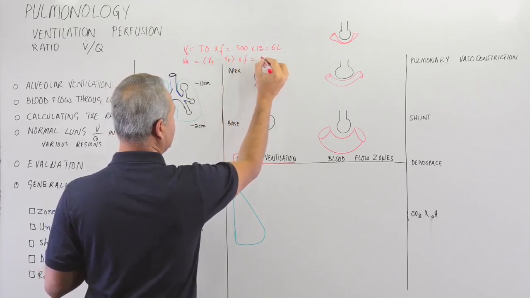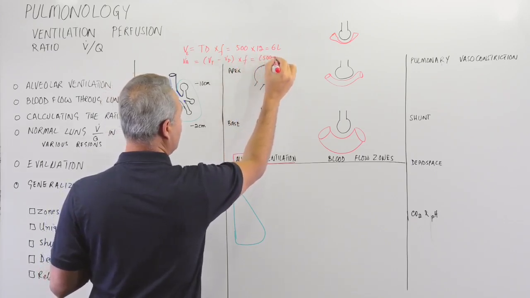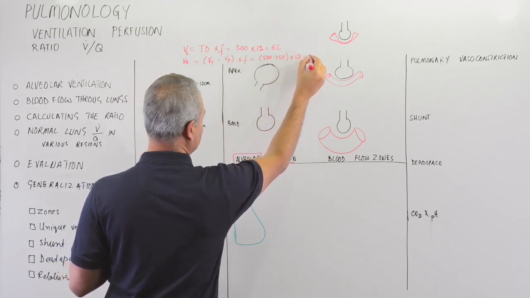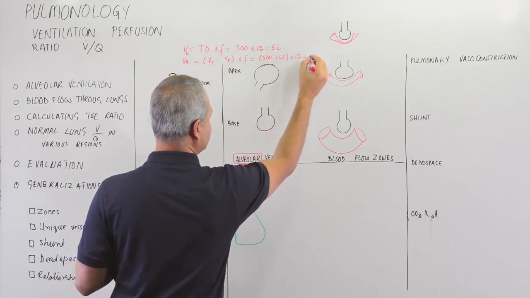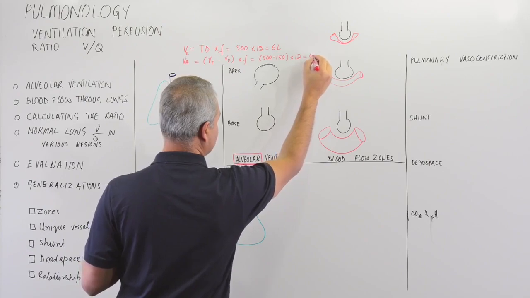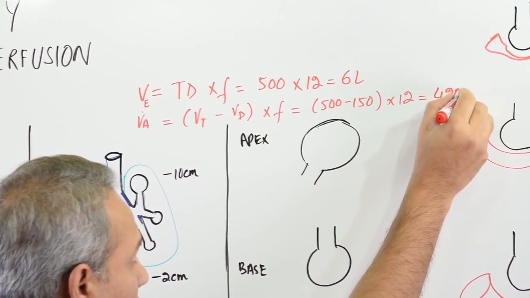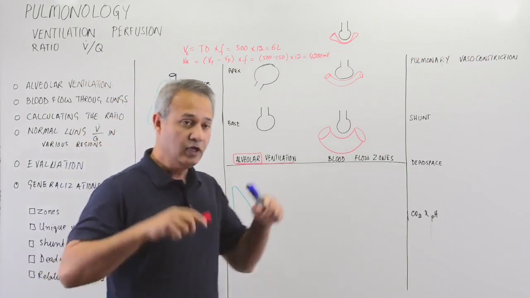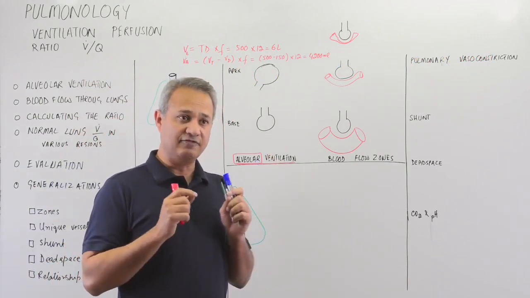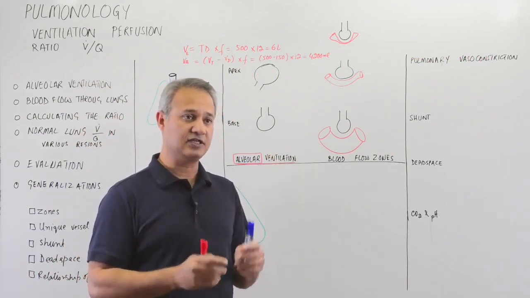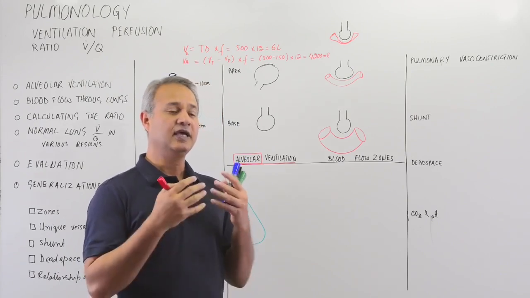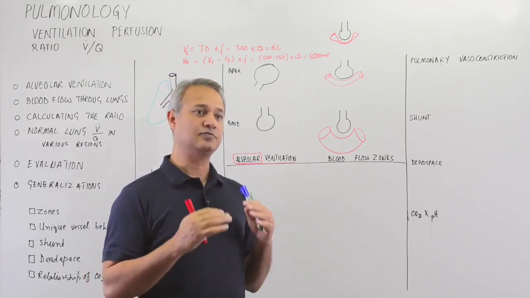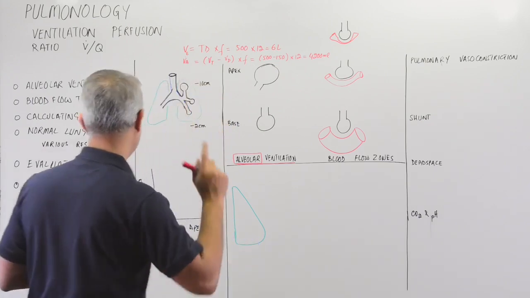That means 500 minus 150 multiplied by 12, and that comes to about 4200 ml, about 4 liters. So for this lecture, whenever I say ventilation, I mean alveolar ventilation, and in a normal healthy person, that is 4 liters per minute. Okay, so keep that in mind.